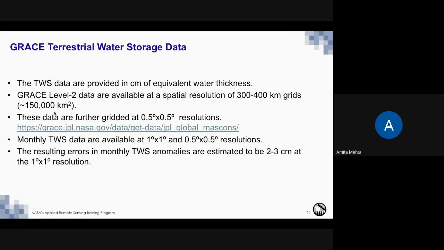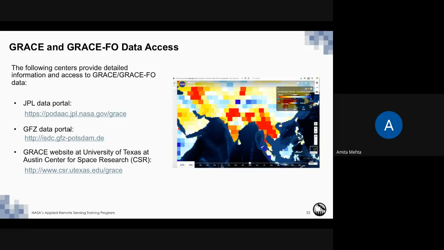So relatively coarse resolution, but it provides a large scale variation in terrestrial water storage. The data are gridded at quarter degree or half a degree resolution for convenience, but this is the original resolution. And there are also tools and portals where these data can be obtained.